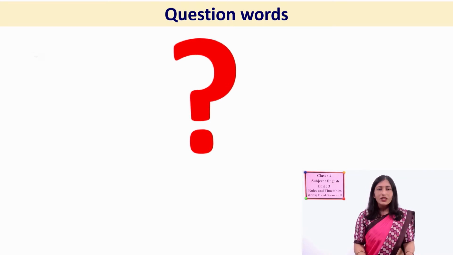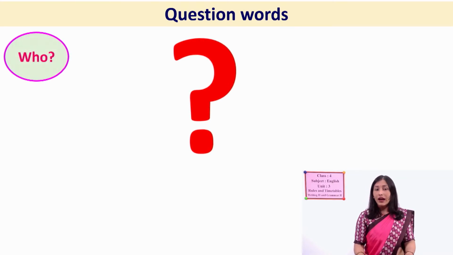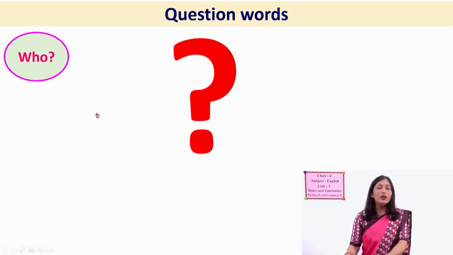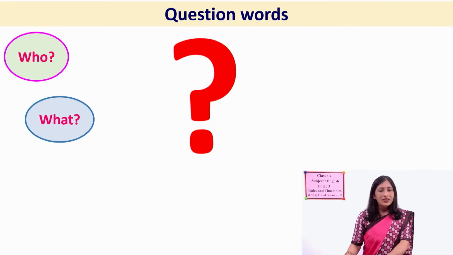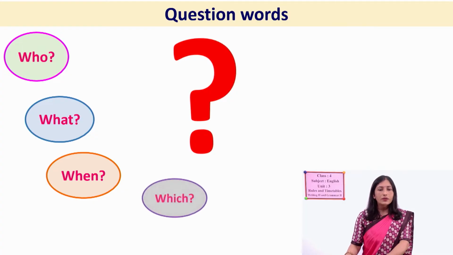Let me introduce you. How do you say? Who. Who is one question word. In the same way, what. What is another question word. When. When is another question word. Which.